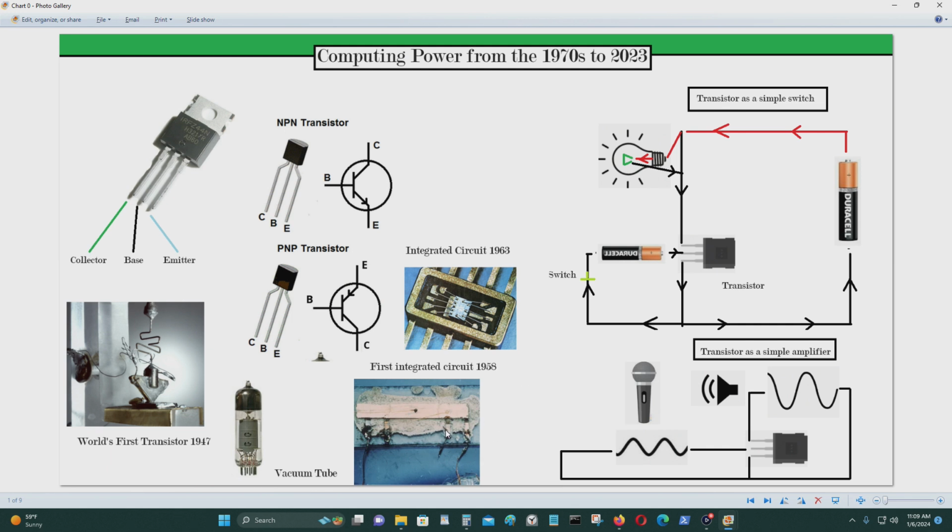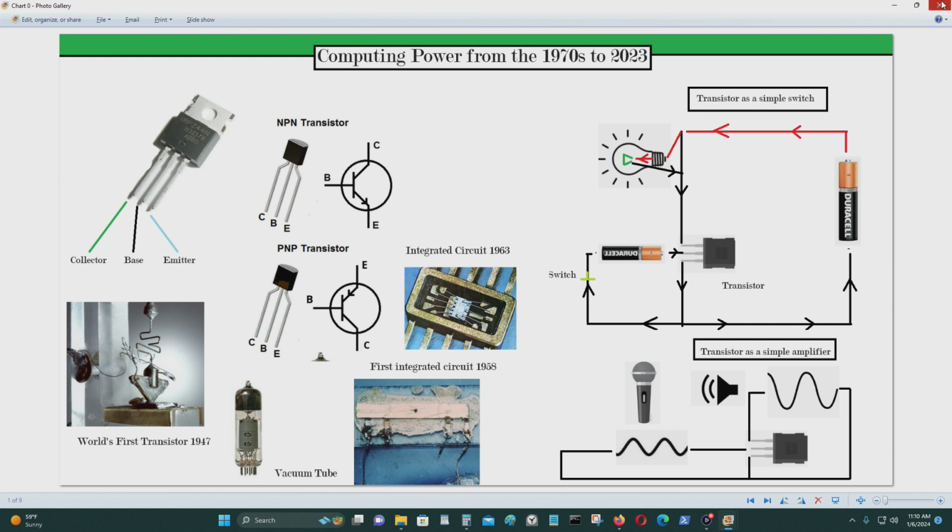So you have a lot of transistors in an integrated circuit. That's what an integrated circuit basically is. And this is another simple integrated circuit of 1963. You have about a number of transistors inside of it. Instead of having individual transistors, you could just put it all into an integrated circuit.